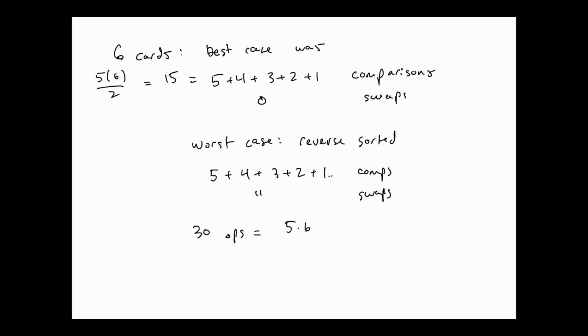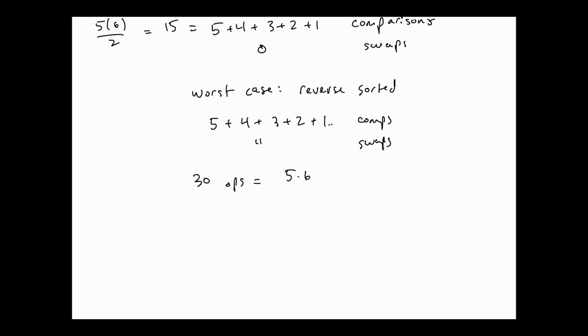But both of these still depend on n squared, basically, okay? So if we generalize this and we have n cards, best is going to take n times n minus 1 over 2, and worst would take n times n minus 1, double that, okay?